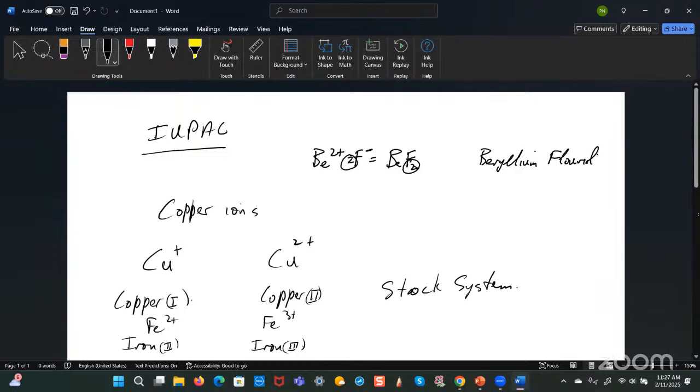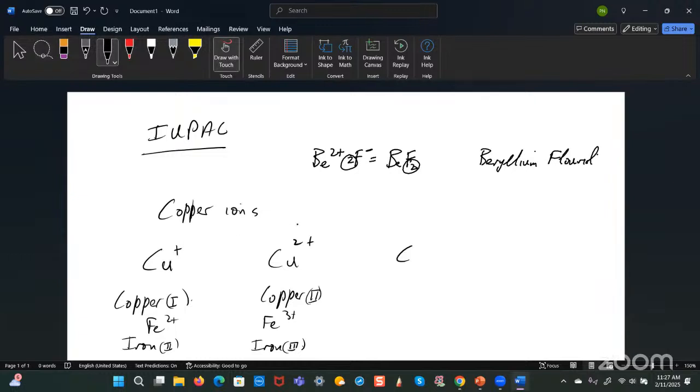Now there's another system, which is, to be perfectly honest, not as useful. It's called the classical system, and let me explain how that works. I'm going to use the same examples as before.